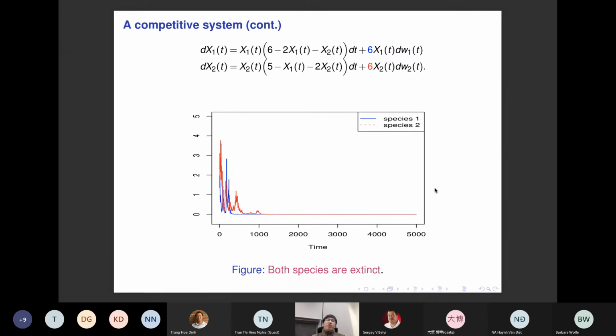And when the noise intensities of both species are large, then both species are extinct. So we just looked at some stochastic population systems, and there are many papers devoted to these theories.